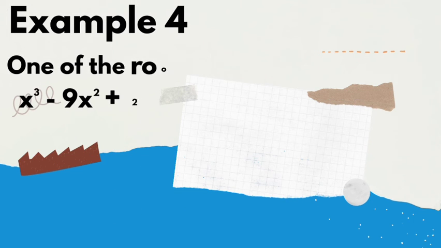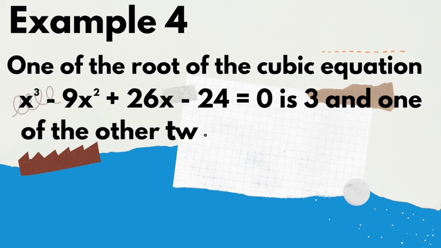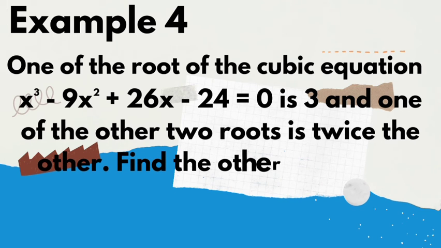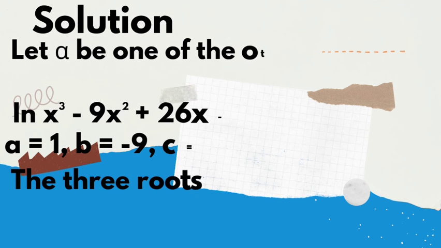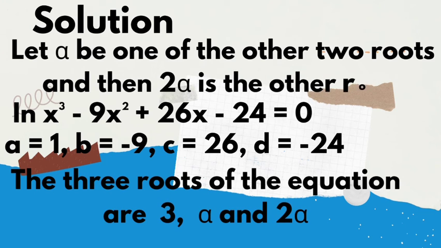Example 4. One of the roots of the cubic equation x raised to 3 minus 9x squared plus 26x minus 24 is equal to 0 is 3. And one of the other two roots is twice the other. Find the other two roots. Solution. Let alpha be one of the other two roots, and then 2 alpha is the other root.